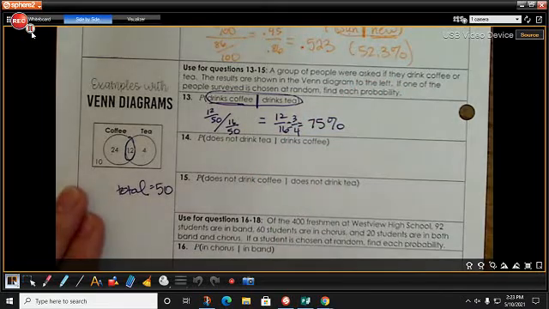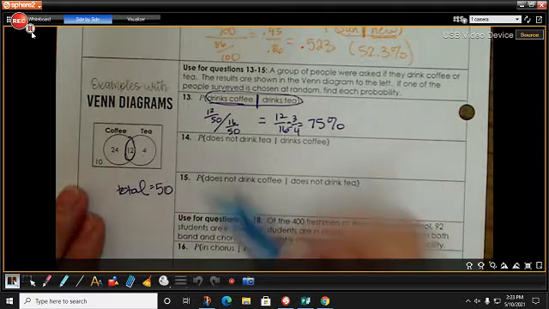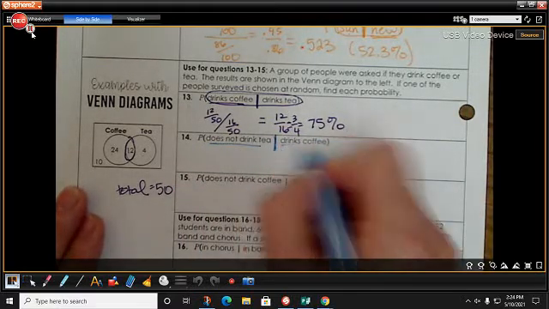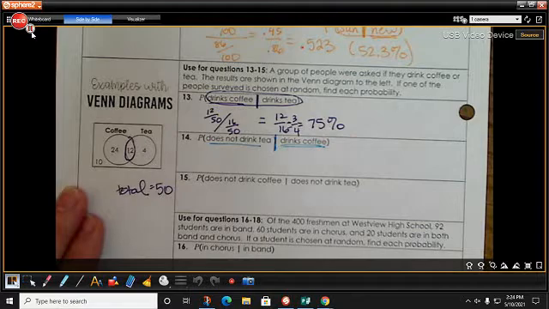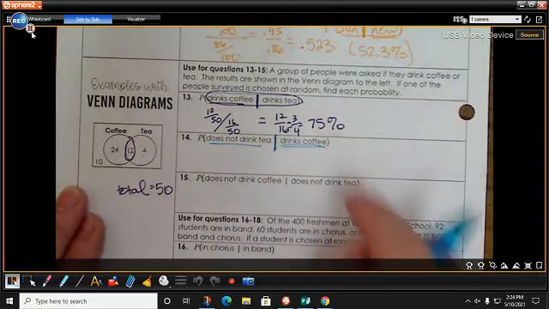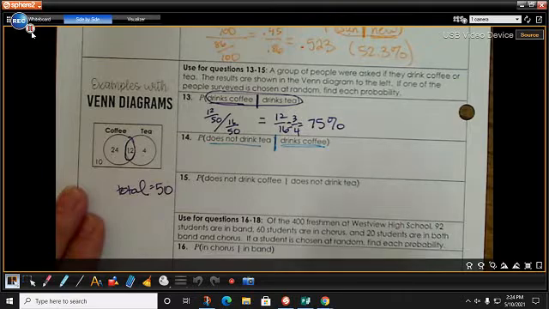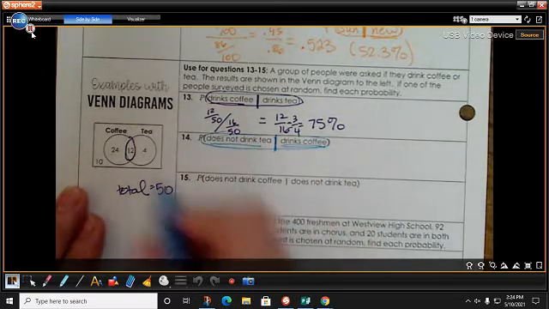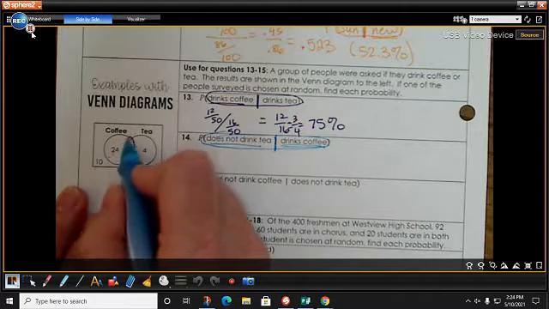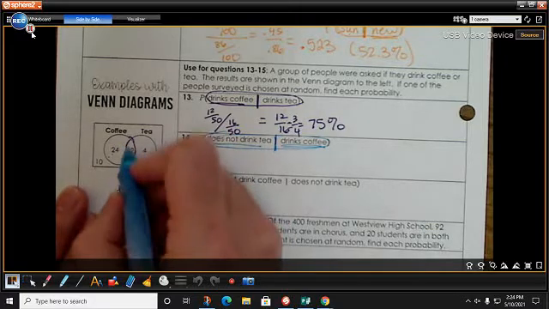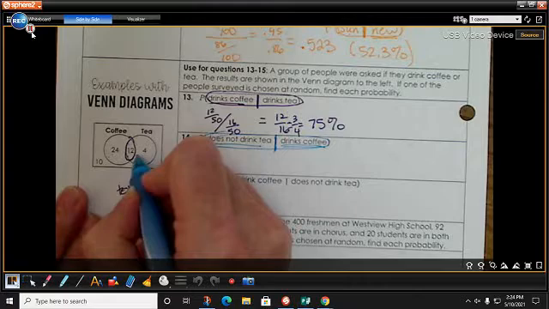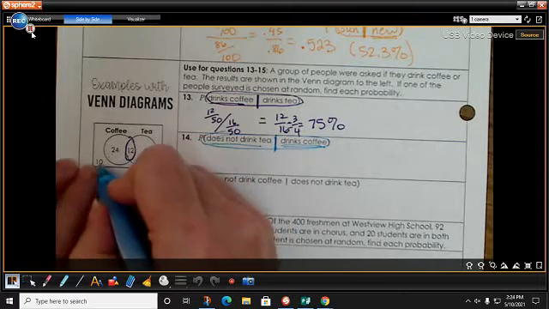Okay. To find the probability that a person does not drink tea, given that you know they do drink coffee. So if you know they drink coffee, what's the chance that they don't drink tea while they drink coffee? So you think, okay, so I need both of them happening together, not drinking tea, but yes, drinking coffee. So I don't want this one because it drinks tea. I don't want this one because it drinks tea. I don't want this one because it doesn't drink coffee.